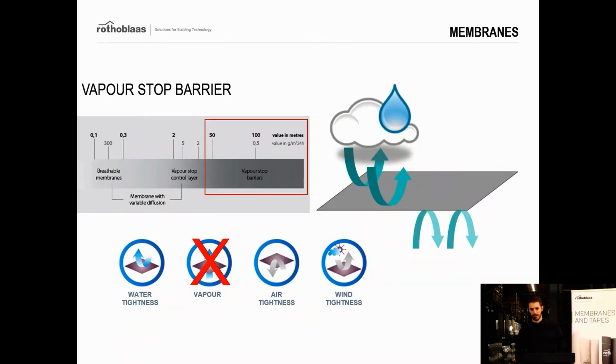So let's have a look at what kinds of membranes we have. For example, let's start with the vapor barrier. As you can see below, it's a barrier that stops the vapor from passing through completely.